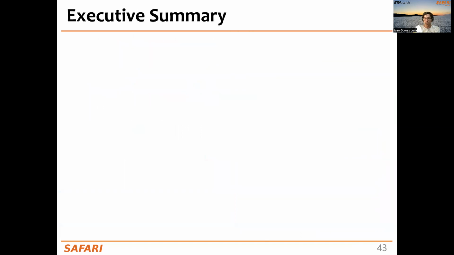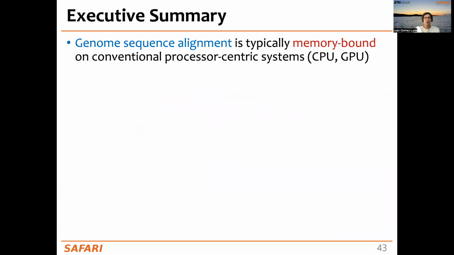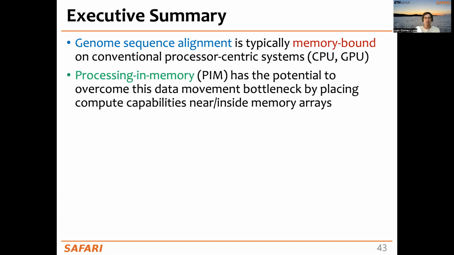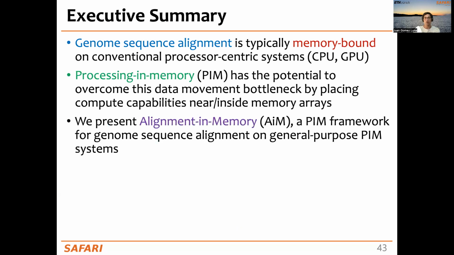And just to conclude, again, the executive summary, we have seen that genome sequence alignment is typically memory bound. We have seen some motivational results on CPU that processing in memory can alleviate the data movement bottleneck for these applications. And that's why we have developed and now present alignment in memory, a PIM framework for genome sequence alignment on general purpose PIM systems.